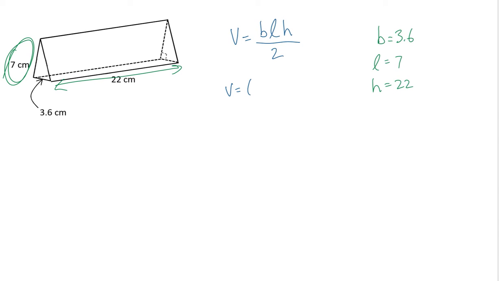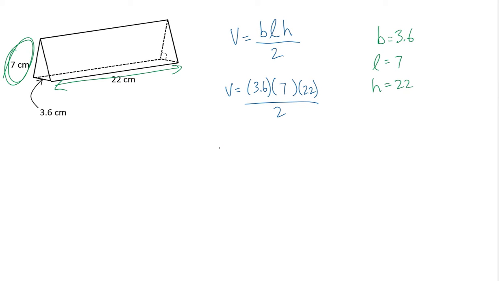Now I put this in, 3.6. And again, I'm going to do that. So empty brackets. The L is going to go in there, and the H is going to go in there. If I said L was 22, and I put that in there, and I put 7 in there, it wouldn't change the answer. So I'm going to do it this way, but the order that you multiply two numbers doesn't matter.